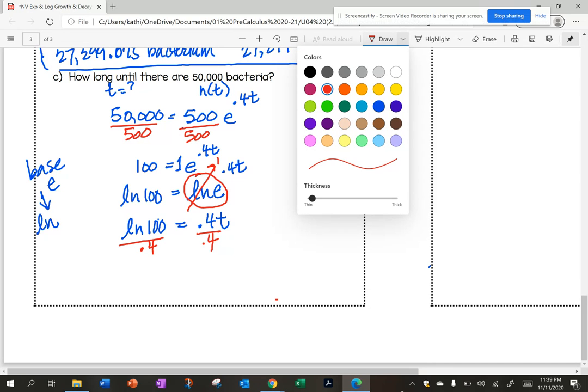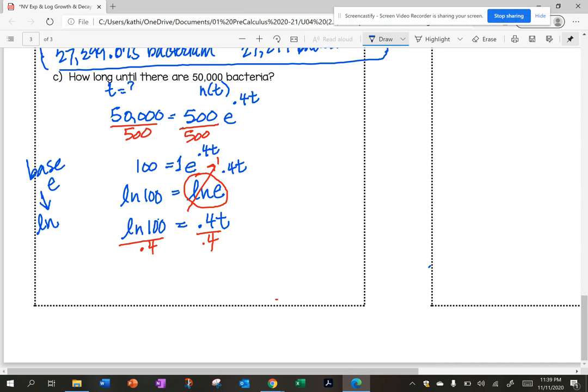So I get t approximately, so not equals, t is approximately 11.513 hours. I'm always rounding to 3 decimal places unless I'm told otherwise.